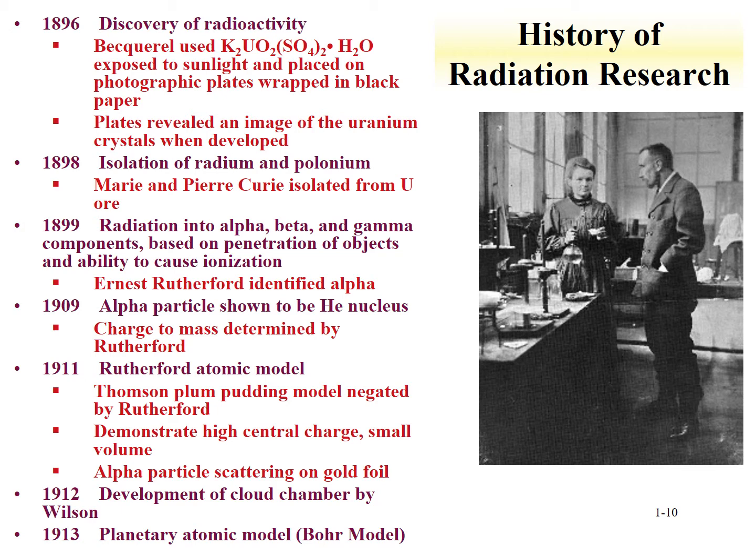Detection of alpha particles and other particles was expanded upon in 1912 by the development of the cloud chamber, and then a planetary atomic model was postulated by Bohr in 1913.